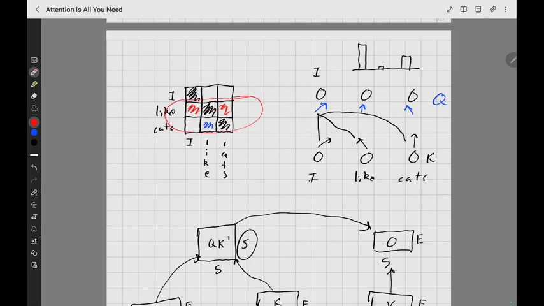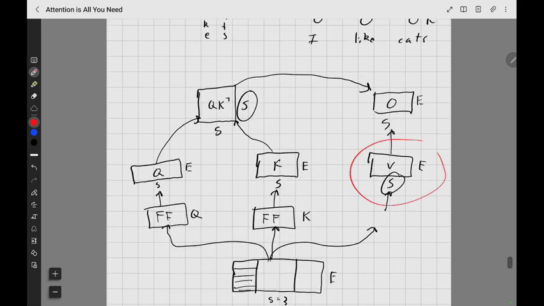The middle vector is saying what information do I want to represent like, and it wants some information from I, some information from cats, and a lot of information from like. When you say information, this is expressed in probabilities? It's expressed in weights. This vector right here is technically a probability distribution, but the distribution itself is the weights that you're weighting the values by.